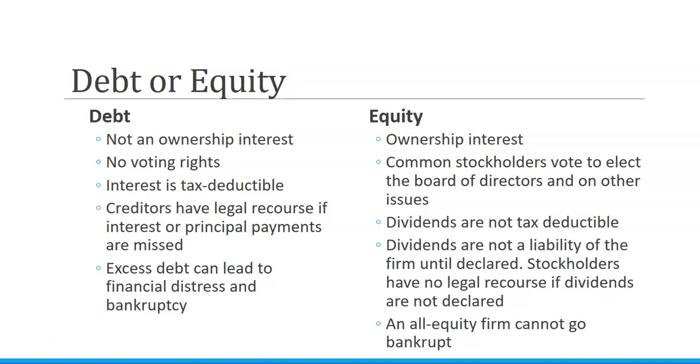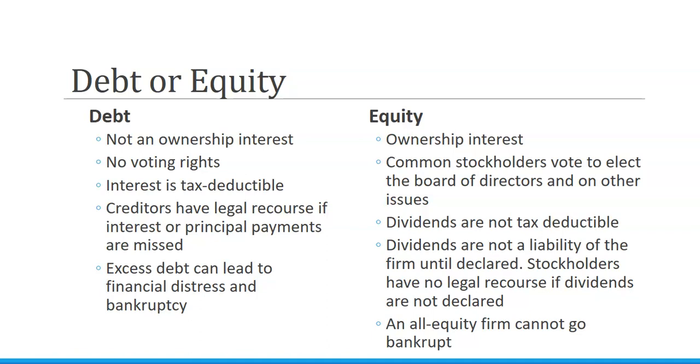So there is a tax benefit for having debt. However, if we have too much debt, we might find ourselves in financial distress, and that can eventually lead to bankruptcy. Or we might not be able to take on more debt because we currently have too much and no bank is going to lend us more money.